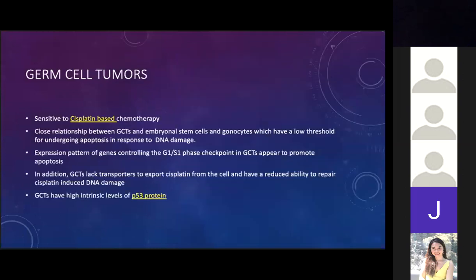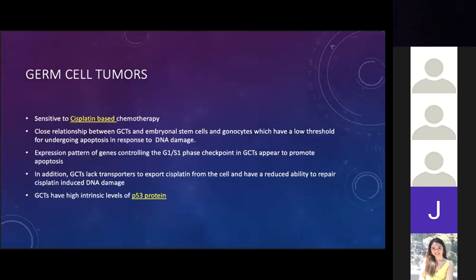Germ cell tumors are sensitive to cisplatin-based chemotherapy, given the close relationship between GCTs and embryonal stem cells and gonocytes, which have a low threshold for undergoing apoptosis in response to DNA damage. An expression pattern of genes controlling the G1 to S phase checkpoint in GCTs appears to promote apoptosis.